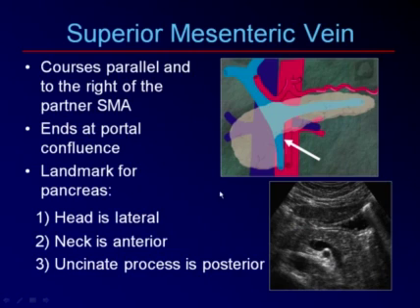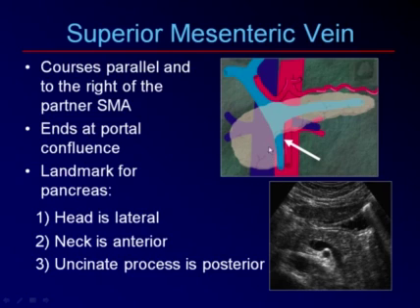The superior mesenteric vein courses parallel and just to the right of its partner, superior mesenteric artery. This vessel ends at the portal confluence where it joins the splenic vein. So it's the splenoportal confluence. This superior mesenteric vein is a marker for three parts of the pancreas.